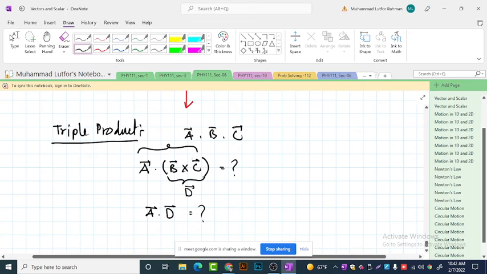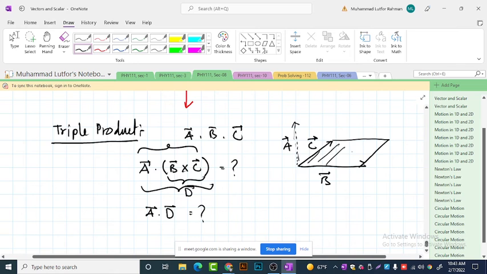Now think about it another way. What is the physical significance of this one? What will it give me? Say you have that region, this is vector b, and this is vector c, and vector a is towards the upward direction. What physical quantity will I find out? I know b cross c will give me that area, right? With respect to that area, if I multiply by one more side, one more length, what will it give me?